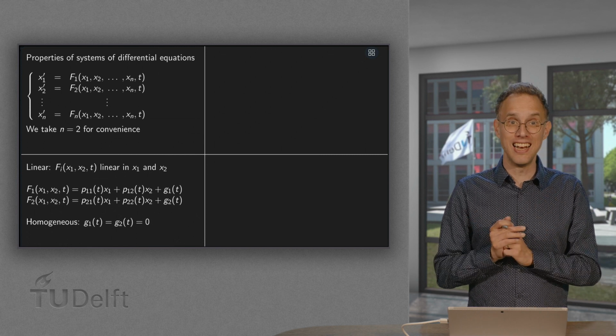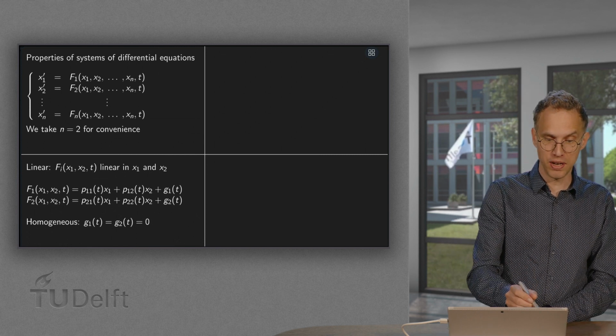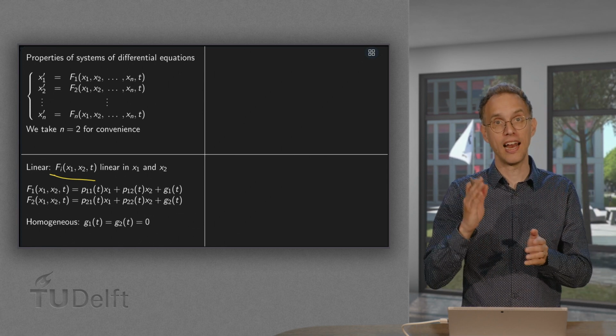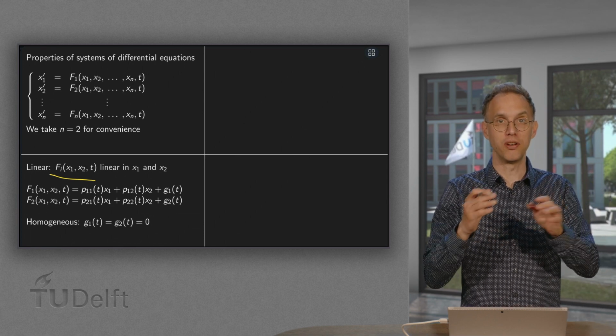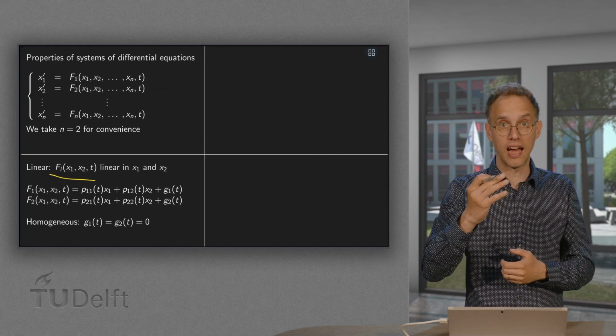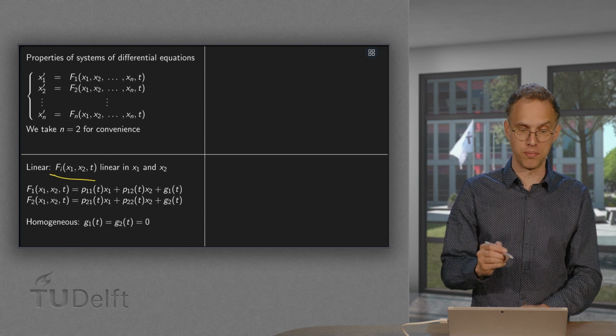Now, what does linear mean? Well, linear means that our right-hand sides are linear in x1 and x2. So t may do whatever it wants, but the right-hand sides have to be linear in both x1 and x2. So what does that mean?